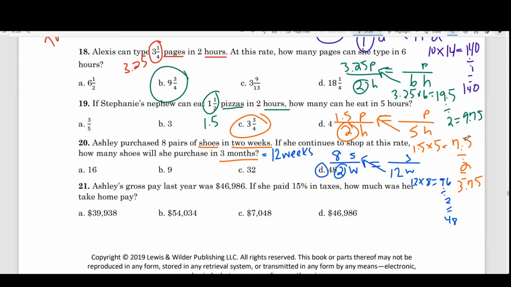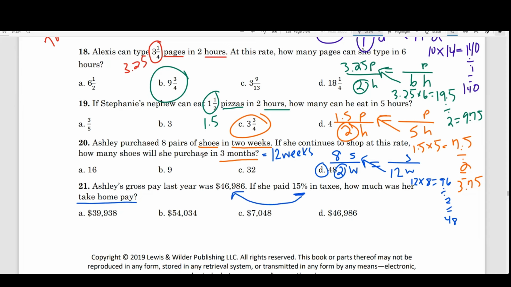Number 21 says Ashley's gross pay last year was $46,986. If she paid 15% in taxes, how much was her take-home pay? Take-home means after we do all of our deductions, so we need to see what's left over. To figure out how much 15% in taxes was, we multiply this times the 46,986.